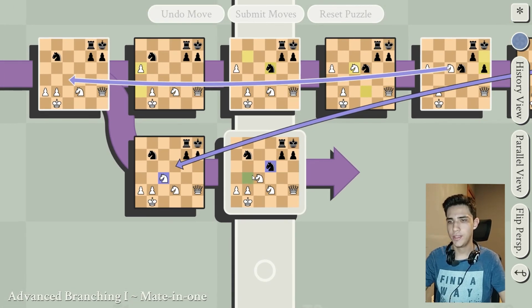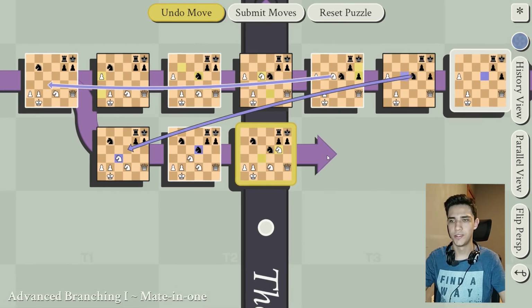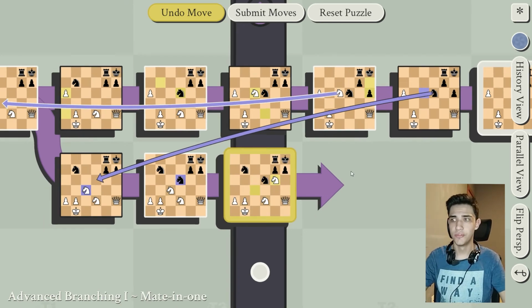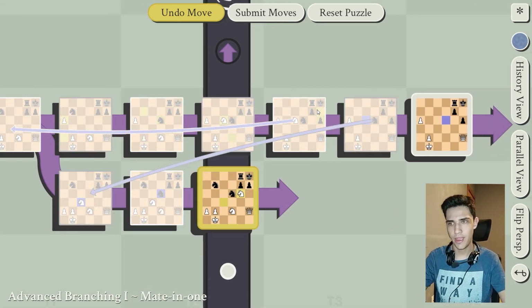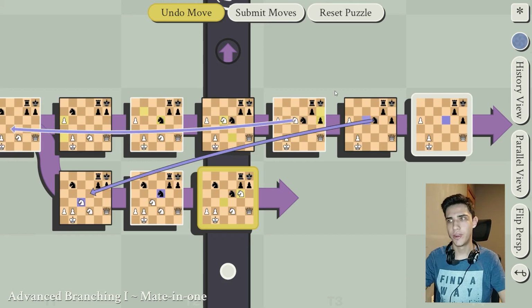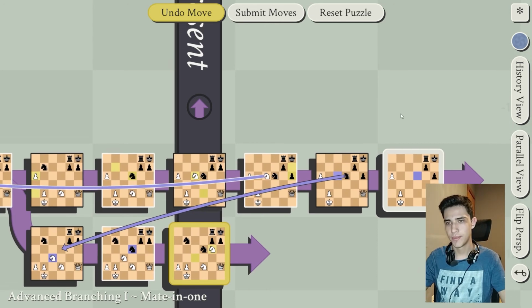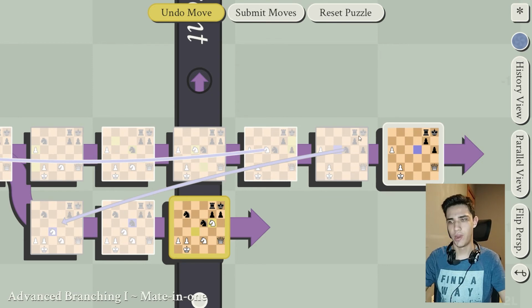So basically here we have checkmate, because his king can move to this board, and when he moves to this board it will create a branch up here, because my opponent is creating a branch.